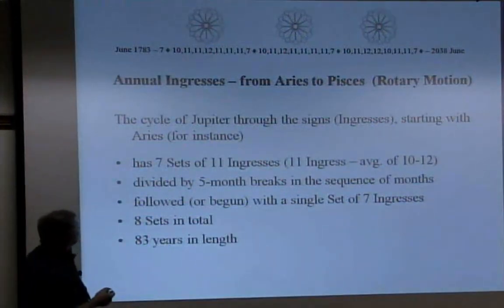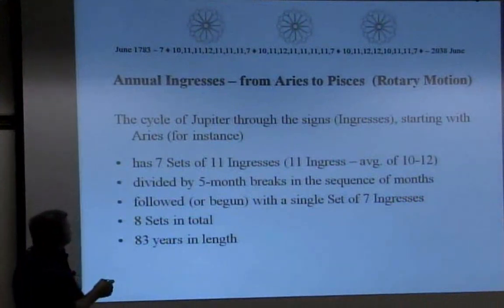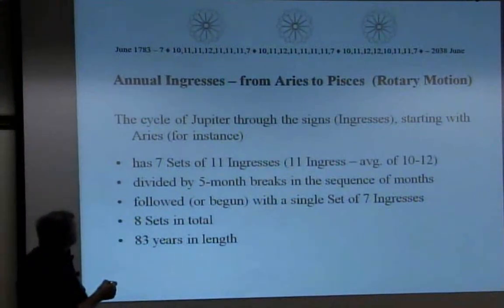So we're looking at the annual cycle of Jupiter, just Jupiter going through the signs, basically ingresses through the signs. From 1783, there was a cycle broken by 5-month periods.